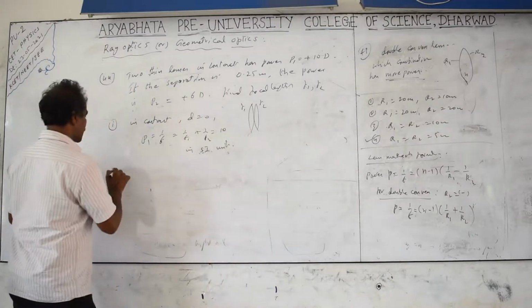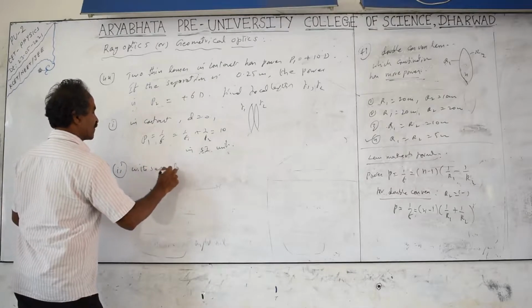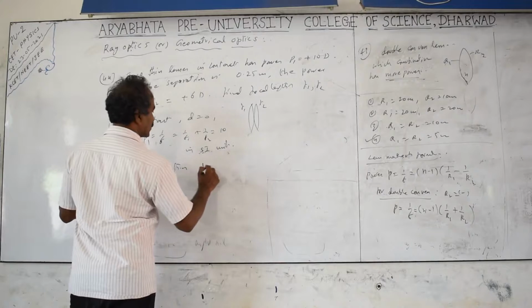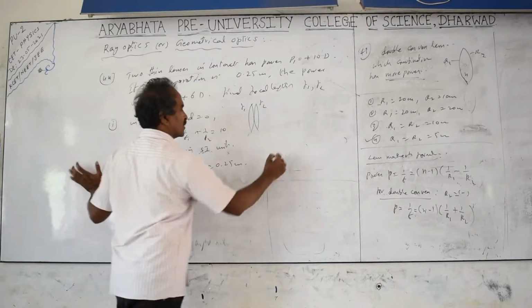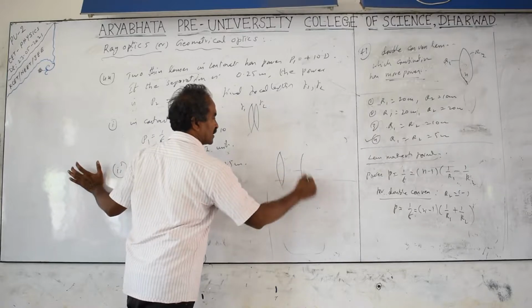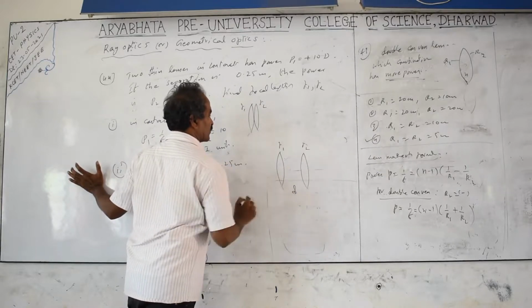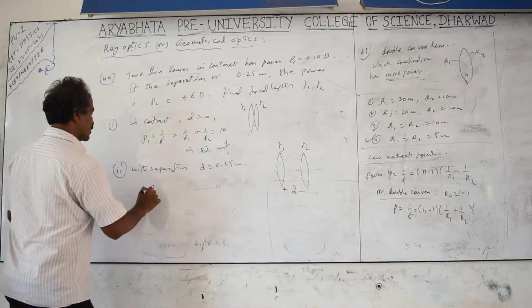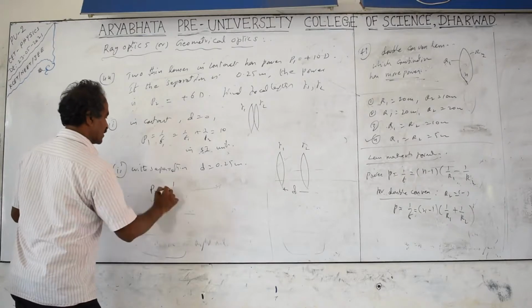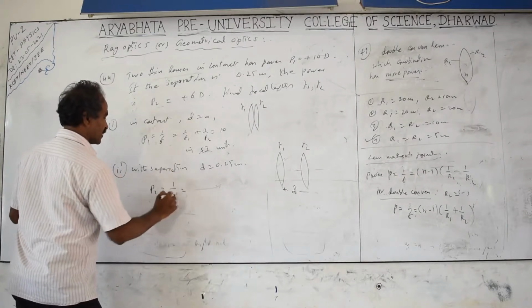And with separation, D is equal to 25 centimeters or 0.25 meters. One lens is here, the other lens is here, this is F1, this is F2, with separation D. The resultant focal power is positive, given as 1 by F prime.